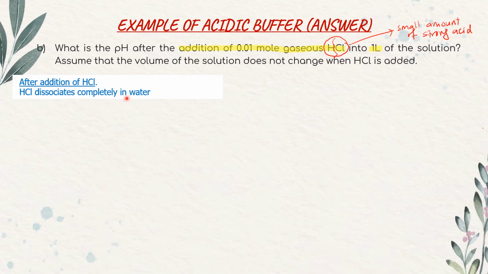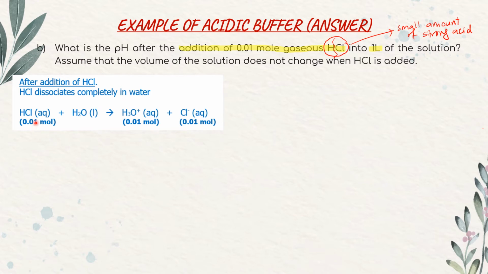Okay, jadi the complete dissociation of HCl will be like this. HCl tambah H2O to produce H3O plus and Cl minus. So, untuk dissociation of a strong acid, untuk buffer system, kita sentiasa tambah H2O dalam equation. Sebab kita nak dapatkan dekat sini H3O plus.